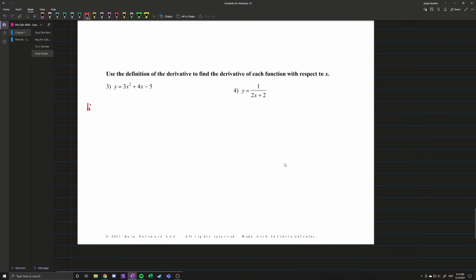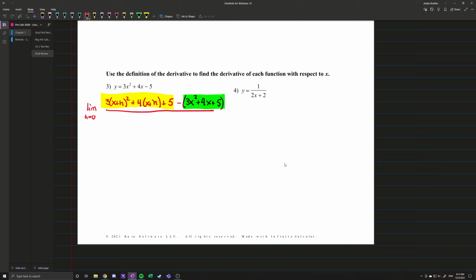So the limit as h approaches 0 of 3 times (x plus h) squared plus 4 times (x plus h) minus 5, minus (3x squared plus 4x minus 5), where this is f of x plus h, and this is f of x.